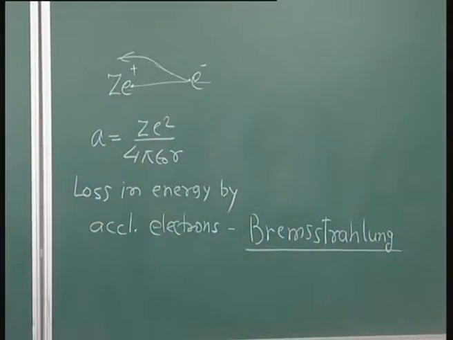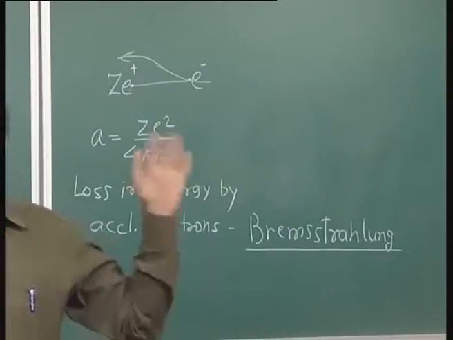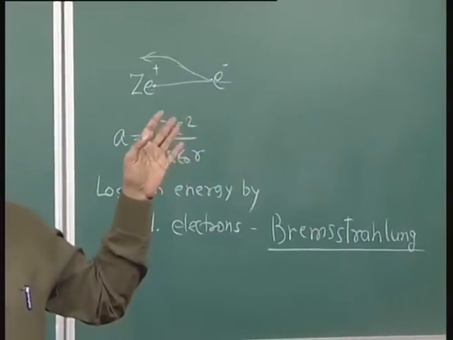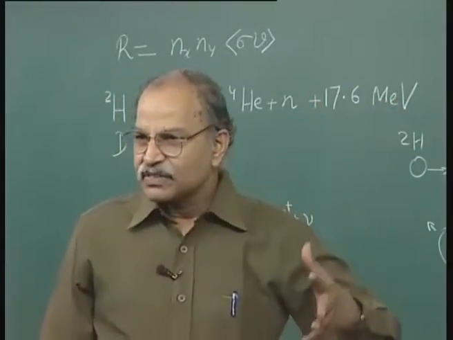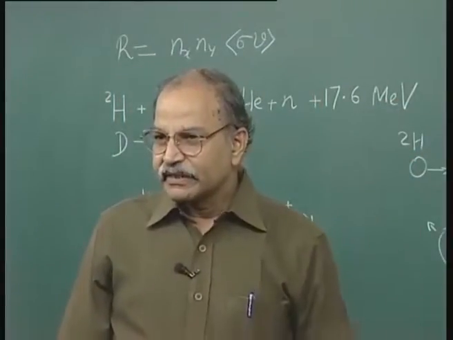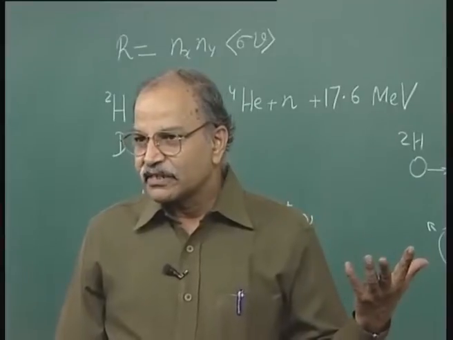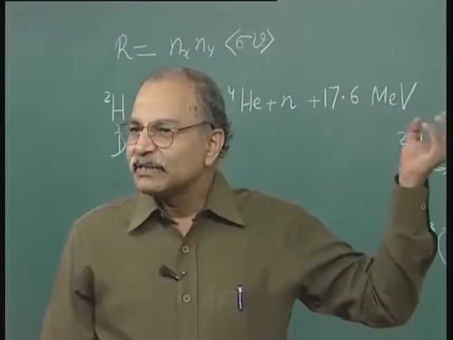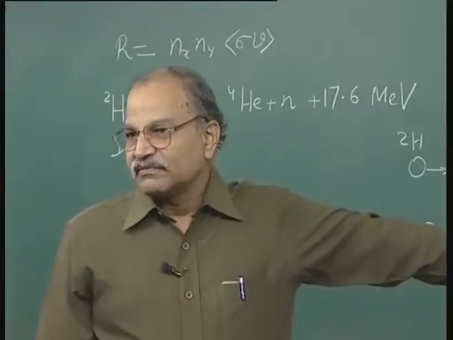Bremsstrahlung radiation. So, energy is coming out and one can make calculations. The electromagnetic waves, those equations are there, radiation from accelerated charge, and one can work out how much will be the total loss because of this.